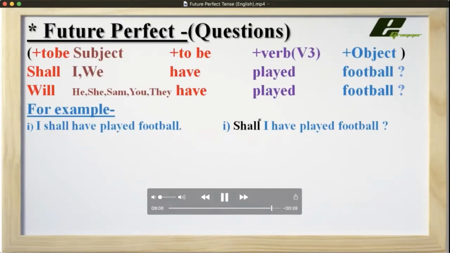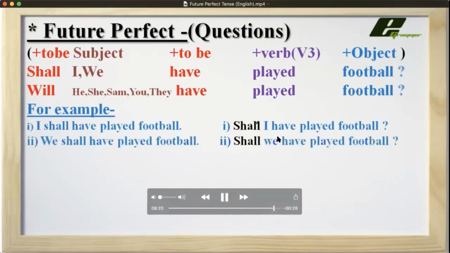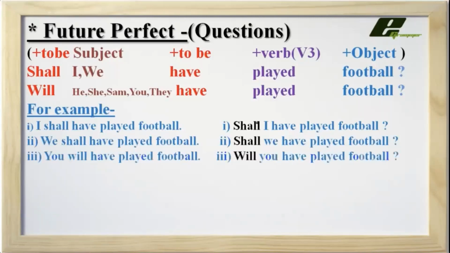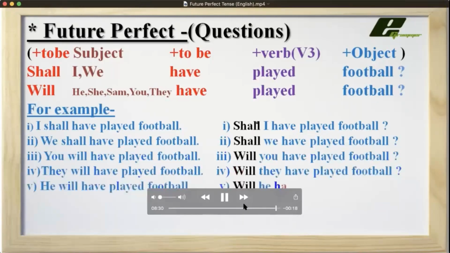If we take the question sentence, we just change the places of shall and I. We shall have played football. Shall we have played football? Let's read only the question sentences. Will you have played football?